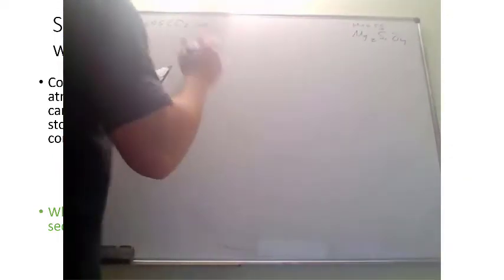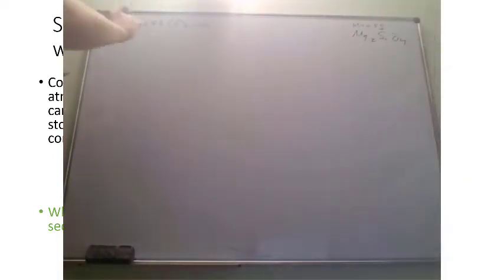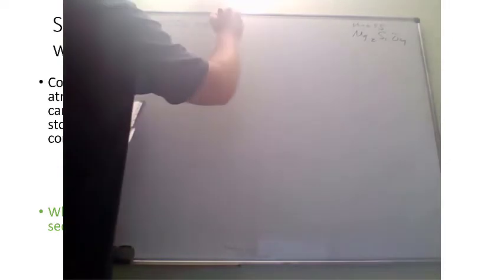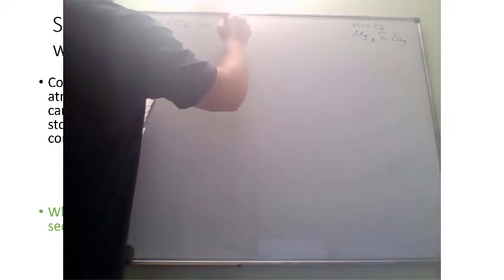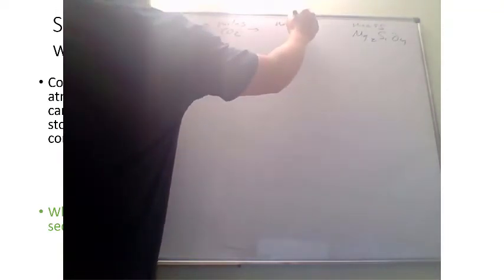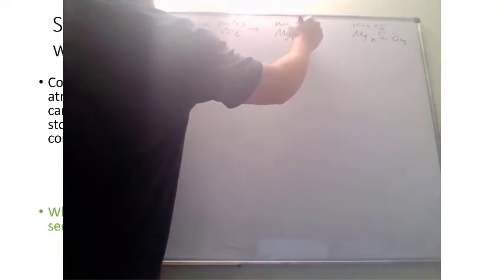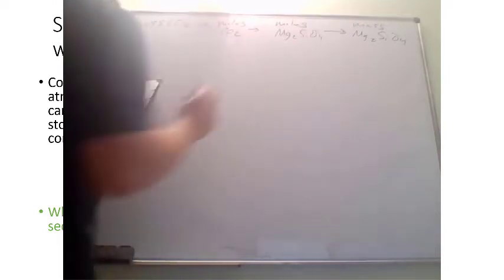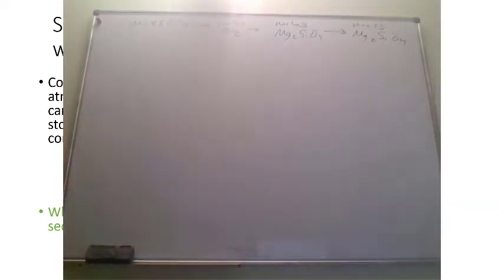And we know that we cannot directly convert from the mass of one substance to the mass of the other. We first need to convert to number of moles. So our mass of CO2, we're going to take to moles of CO2, and then convert from moles of CO2 to moles of Mg2SiO4. And then from there, we can convert to the mass of Mg2SiO4.